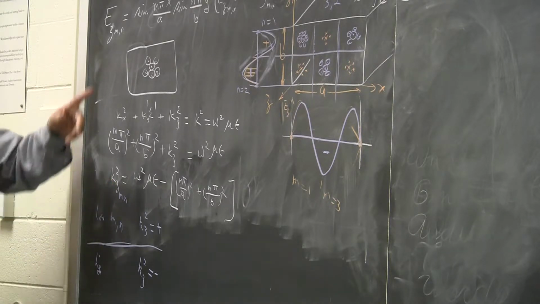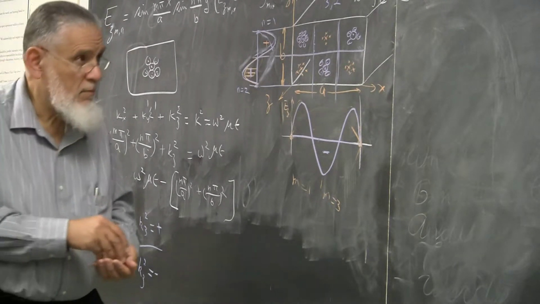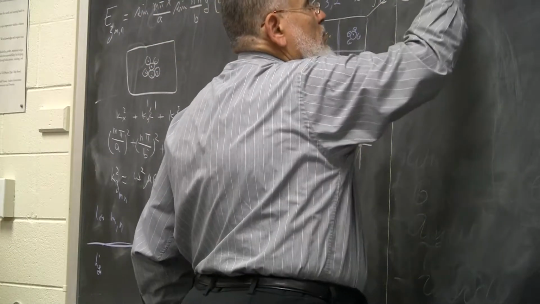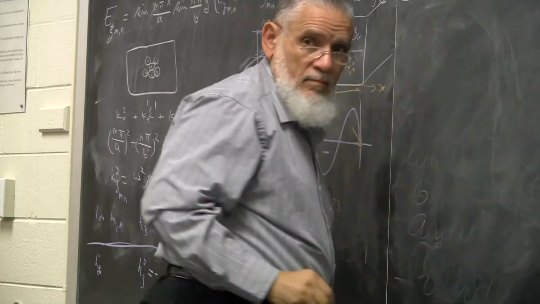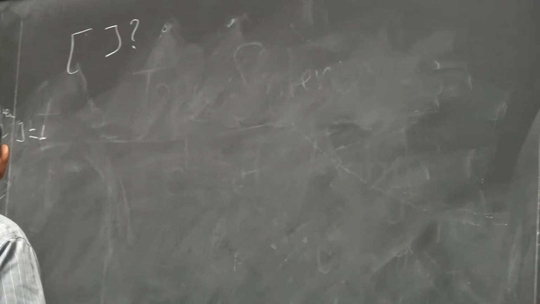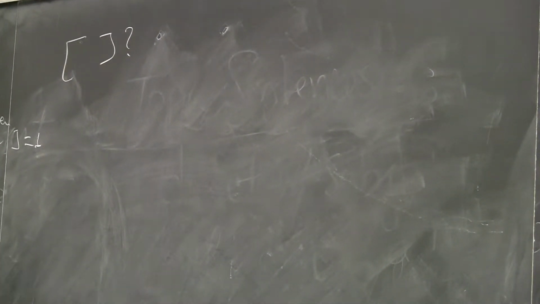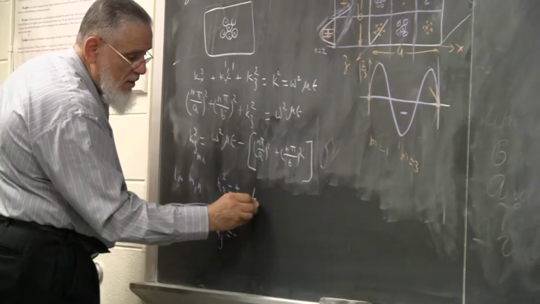So to see the positive and negative, let's go back to the z solution. If k sub z squared is positive, that means k sub z is real.